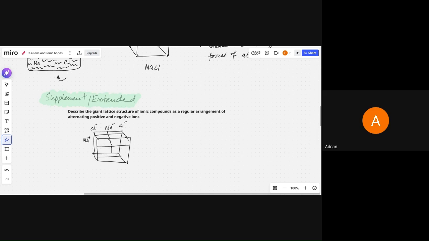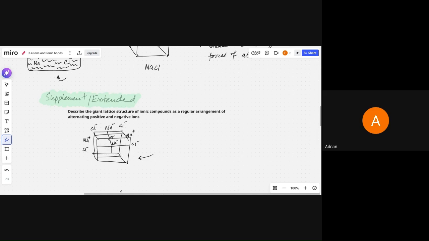And then this will be Cl minus, this will be Na plus, and then again a layer of Cl minus, and this will be Na plus, and this will be Cl minus, and so on. So this is basically what a crystal lattice looks like. Sodium chloride, we can depict it like this. The ionic lattice is held together by strong electrostatic forces of attraction, in other words ionic bonds between the cations and anions, right?